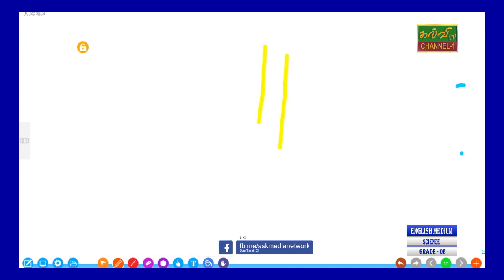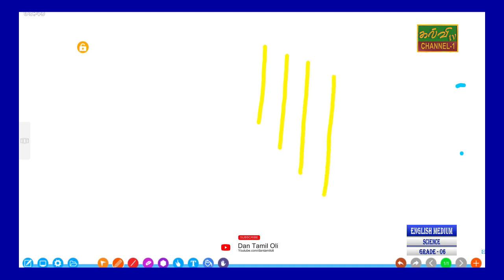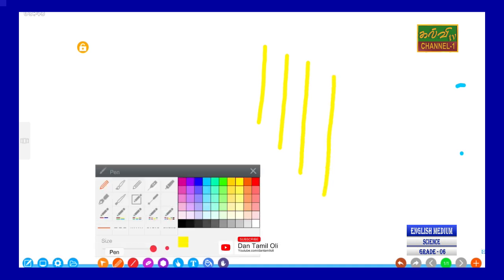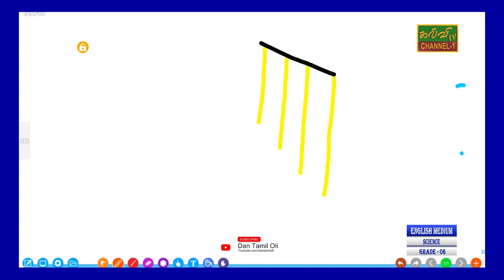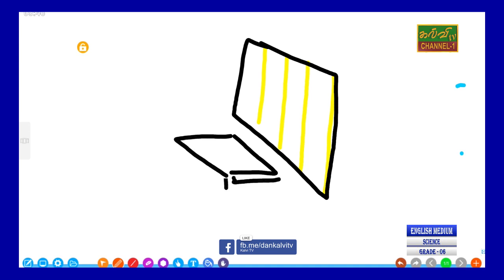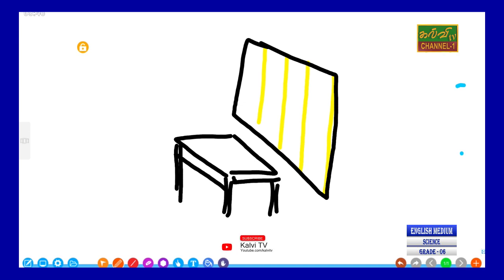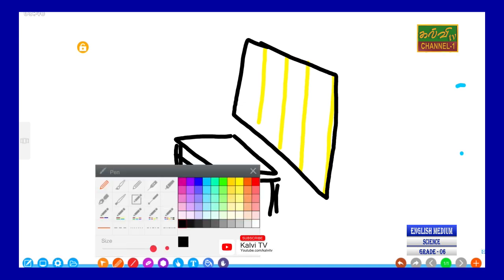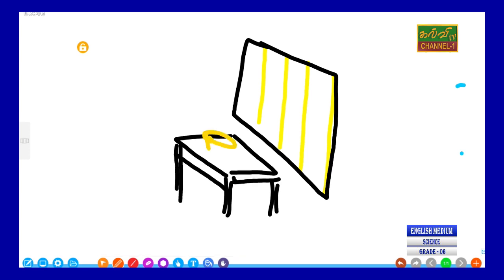This is a window. Close to the window they have placed a table, and a pot plant is placed on the table. They take a small pot plant.